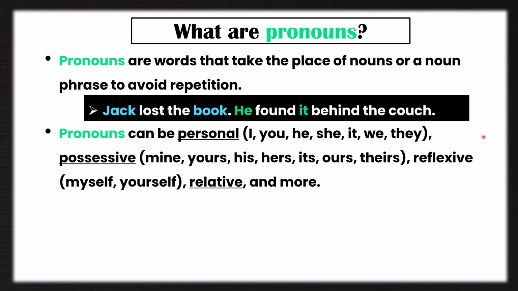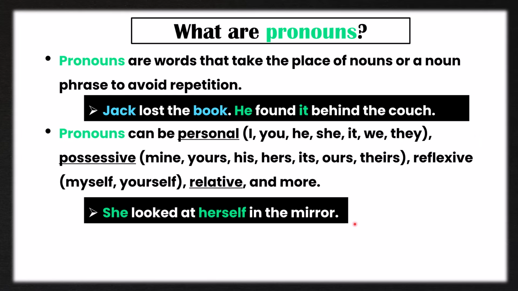Pronouns can be personal: I, you, he, she, it, we, or they. Pronouns can also be possessive: mine, yours, his, hers, its, ours, theirs. They can be reflexive: myself, yourself, etc., relative, and more.